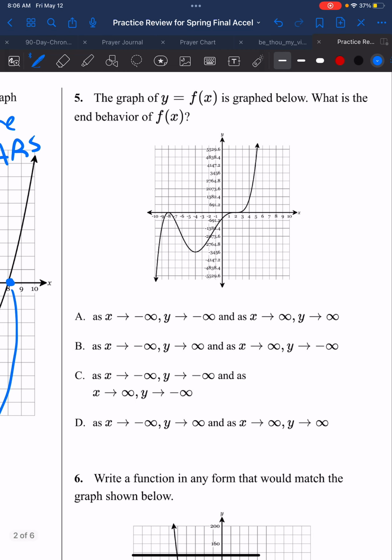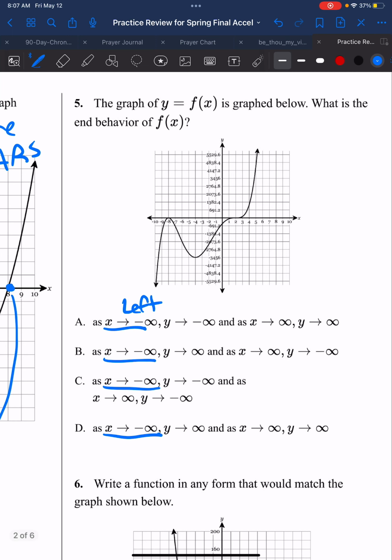Then we have the graph of y equals f of x below. What is the end behavior? When you're doing end behavior, I always look at the order it gives you. In all of these, as I'm underlining, it says as x goes to -infinity first. So as x goes to the left, as I go negative, I go to the left on the x-axis.